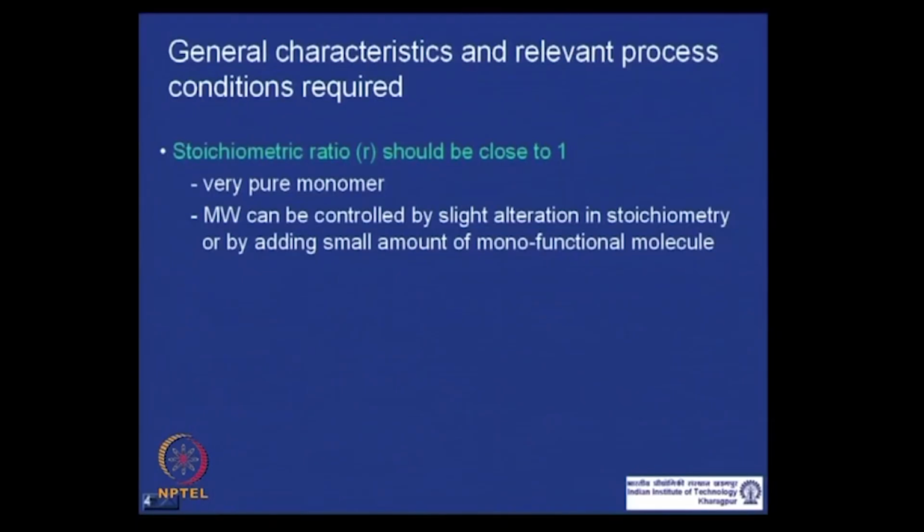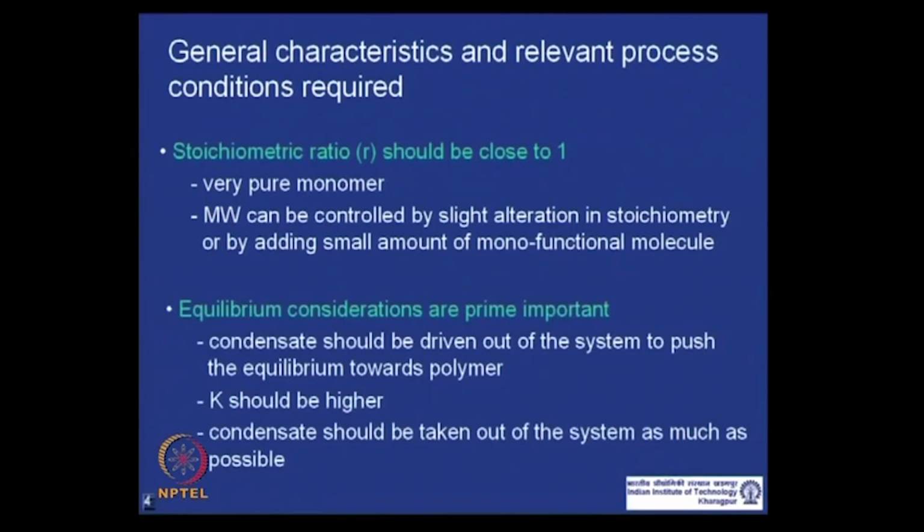If you are adding two monomers, assuming they are 1:1 or whatever ratio your target molecular weight requires, that has to be what you are actually giving. That means the monomer has to be very pure, and if required, you can change the ratio R slightly and put one of them in excess, so that the molecular weight is controlled if you have a target molecular weight. That can also be done by adding a small amount of a monofunctional molecule.